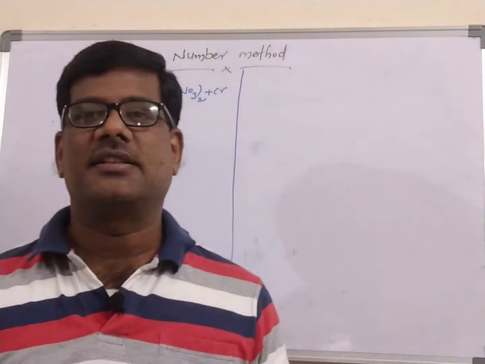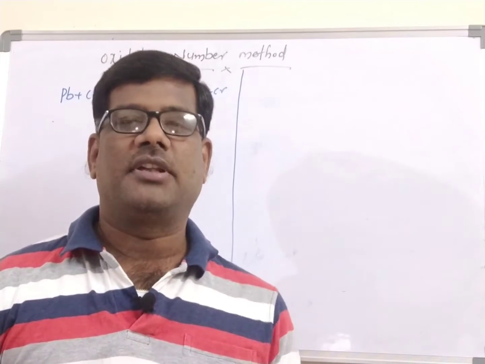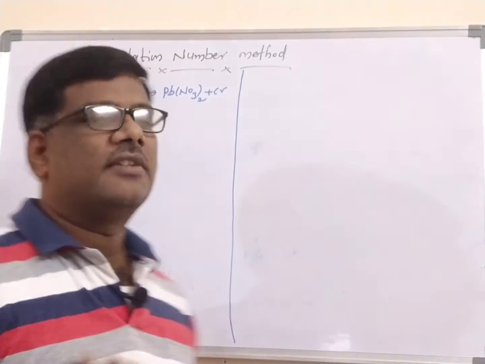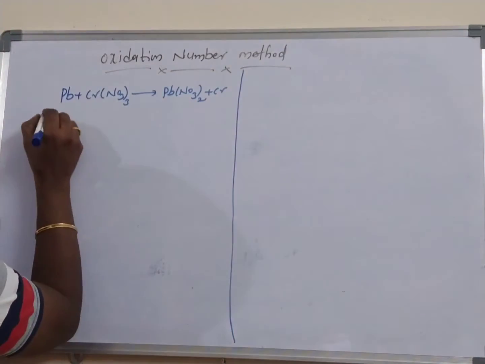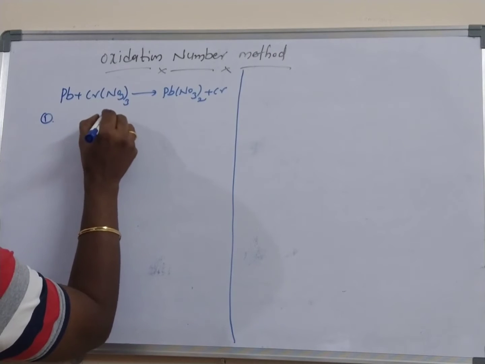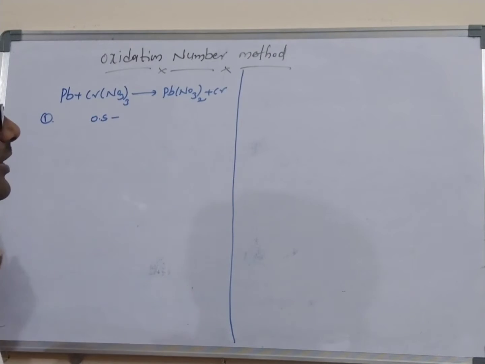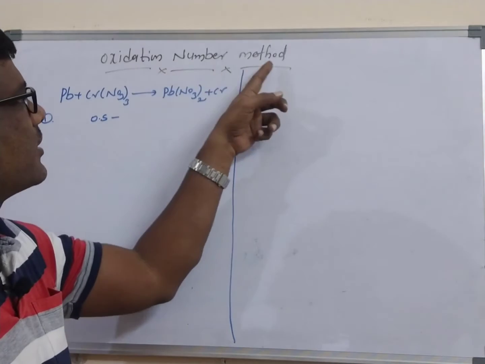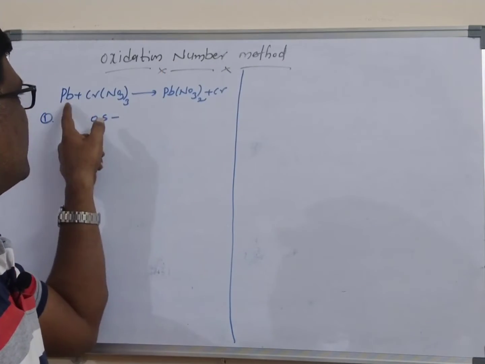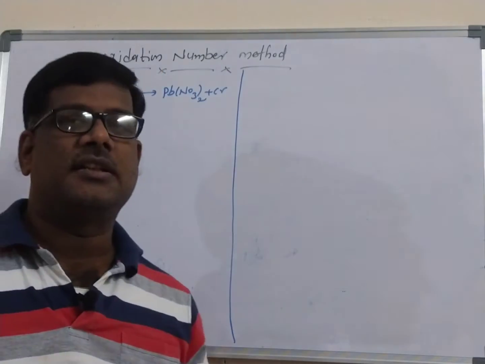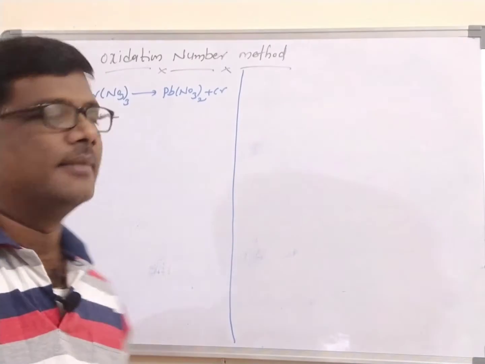In order to balance the equation by using the oxidation number, we have some steps. What is the first step? First step is you have to calculate the oxidation state of each and every element. That's why it is called the oxidation number method. That is the first step.